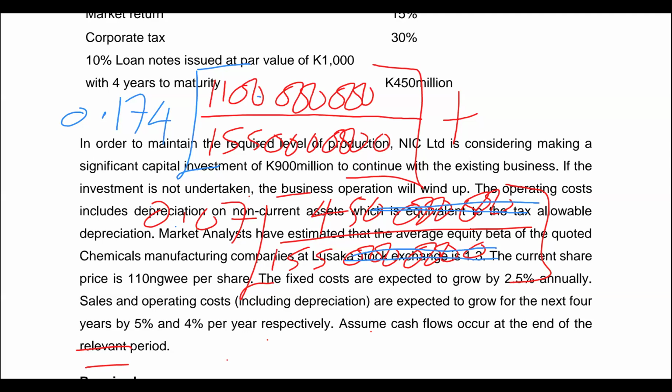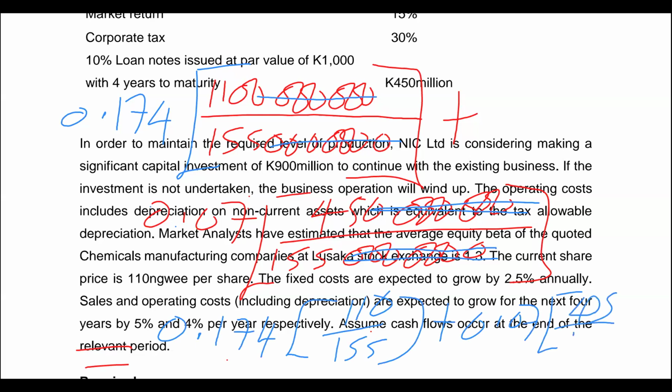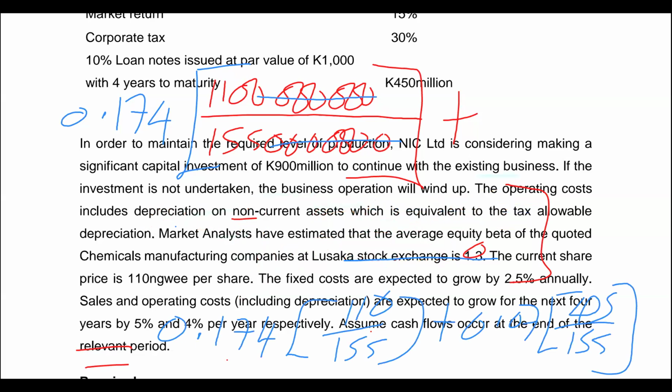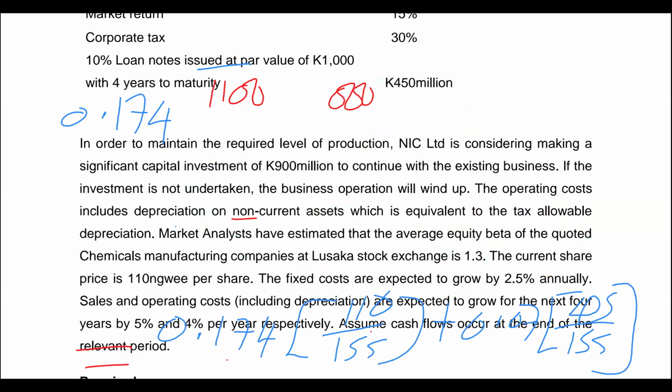Even here, you can cancel 7 zeros, so you remain with 110 over 155. It will be something like this: 0.174 times 110 over 155 plus 0.07 times 45 over 155. Has it been simplified? Yes. What do you have? Let me, just a minute.